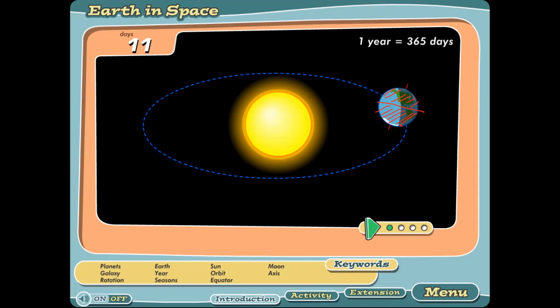So this part will receive more perpendicular sunlight. So this part has summer, and this part has winter.